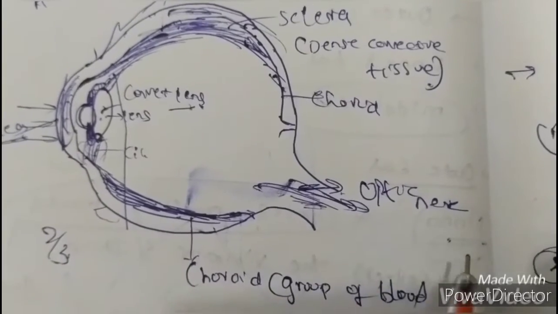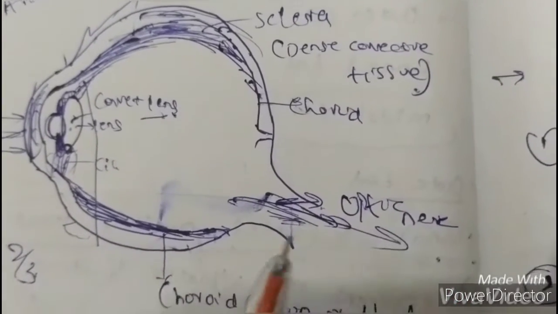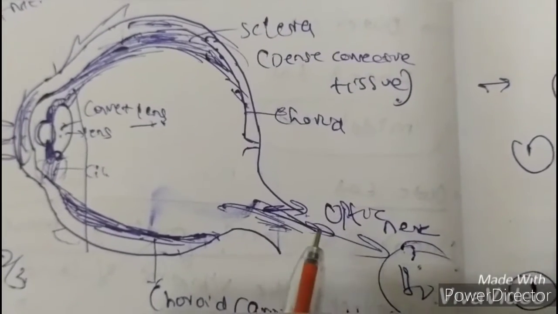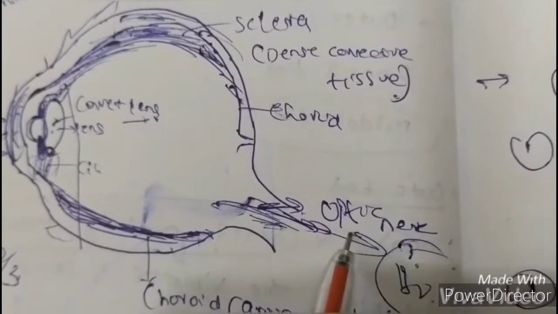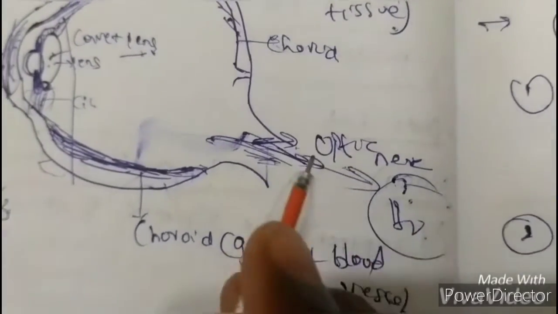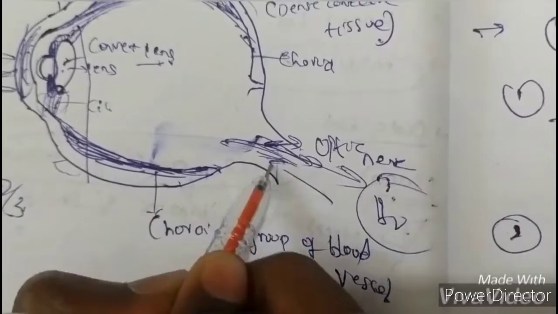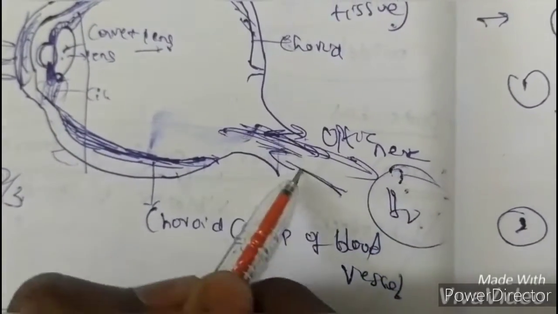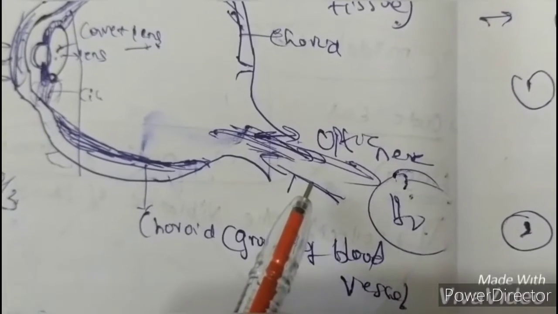The optic nerves have to leave the eye to transfer the message to the brain, but the retinal blood vessels enter at the same point. Optic nerves leave the eye, retinal blood vessels enter the eye.